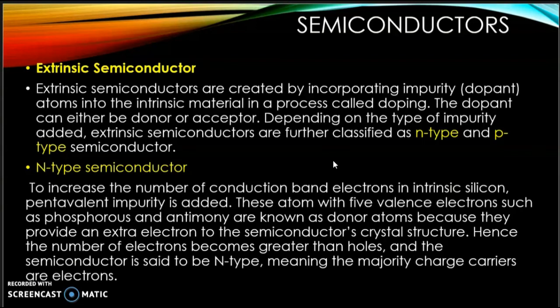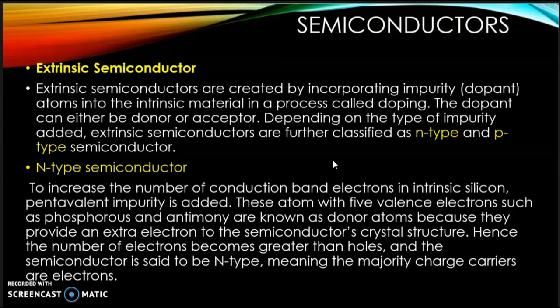The element or the atom we are using for this doping, the element serving as the impurity, will be called the dopant. So depending on the type of impurity we want to add to this intrinsic semiconductor, we can further classify extrinsic semiconductors into N-type and P-type semiconductors.